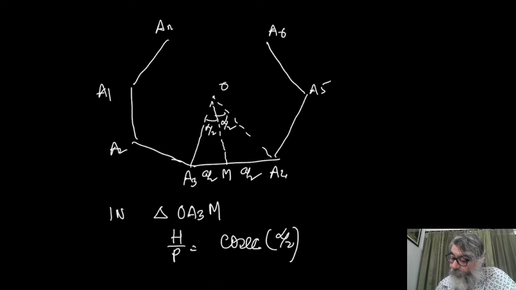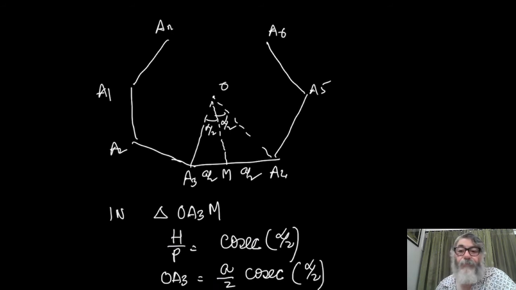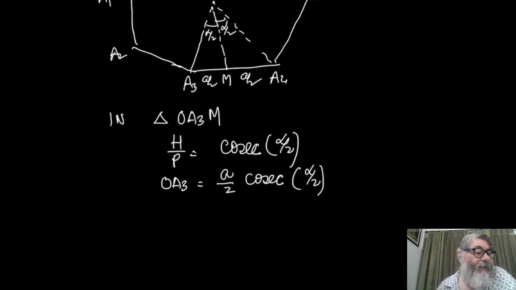So hypotenuse, which is OA3, will be equal to A by 2 into cosec alpha by 2. Is that clear? Alpha by 2 we had already calculated as pi by n. The sum of angles around point O will be 360 degrees or 2 pi, and because the number of sides is n, n equal angles will be formed if we join each vertex of the polygon.